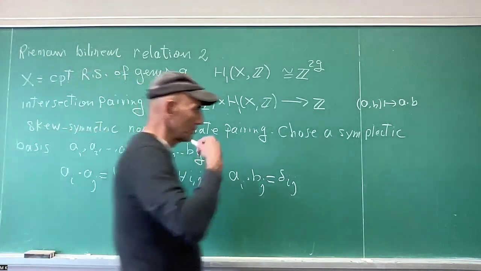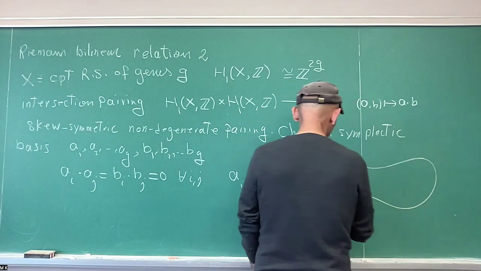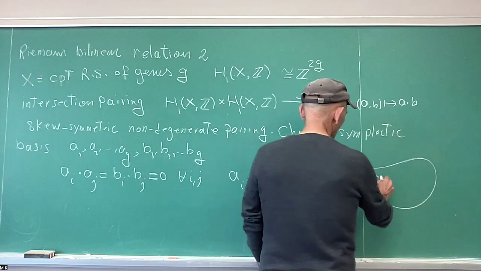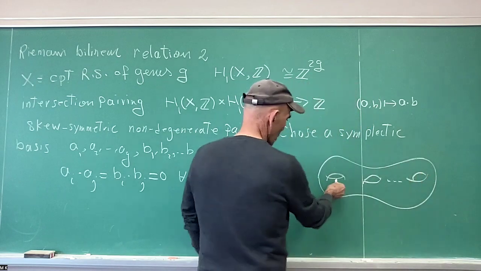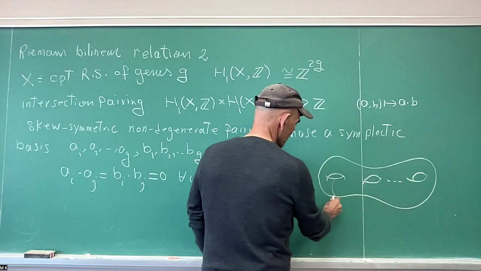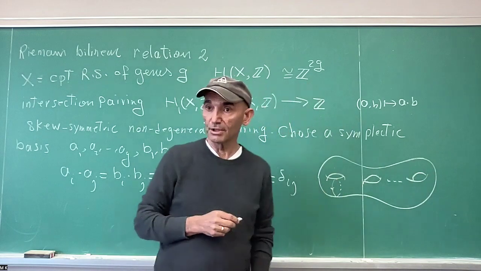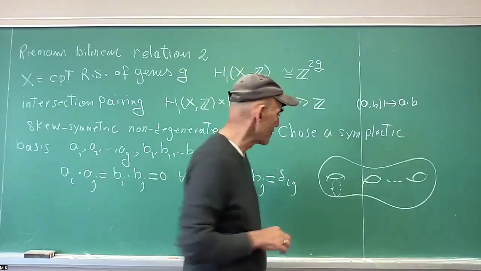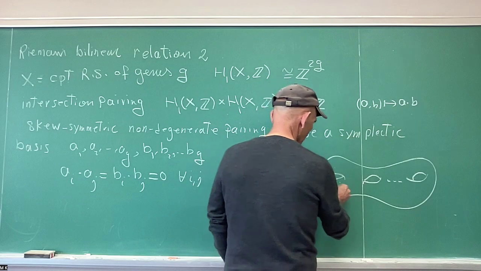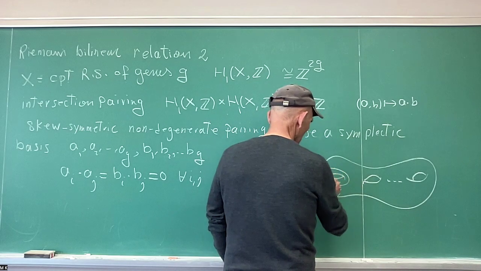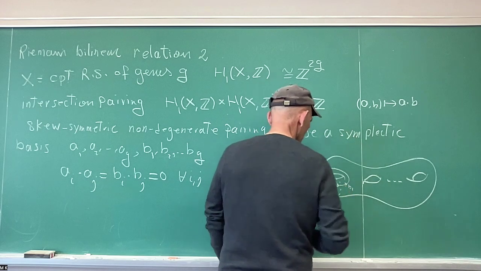So the intuition behind this basis is the following. We have a picture like this for the surface, with g holes like that. For Ai, we just choose these cycles with a given orientation. Orientation is important, we have to pick the orientation. So this is like A1. And for the other one, we just choose going the other way around. This is B1 with this orientation.